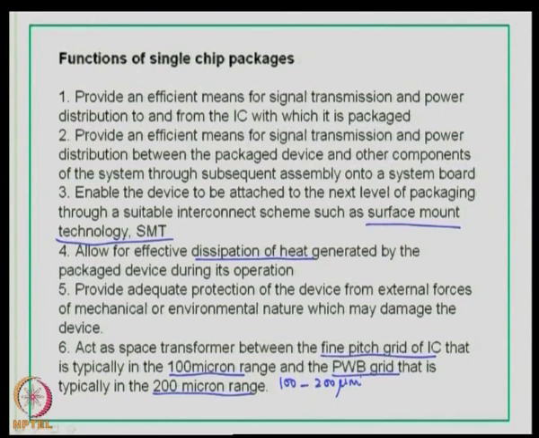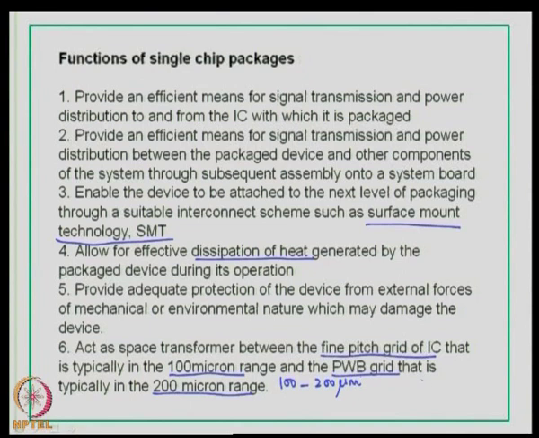How do you take care of this? Because you cannot handle fine pitch at the system level currently because of the limitations in technologies and the assembly limitations, but you are going to establish that in your package by having a suitable fan out.